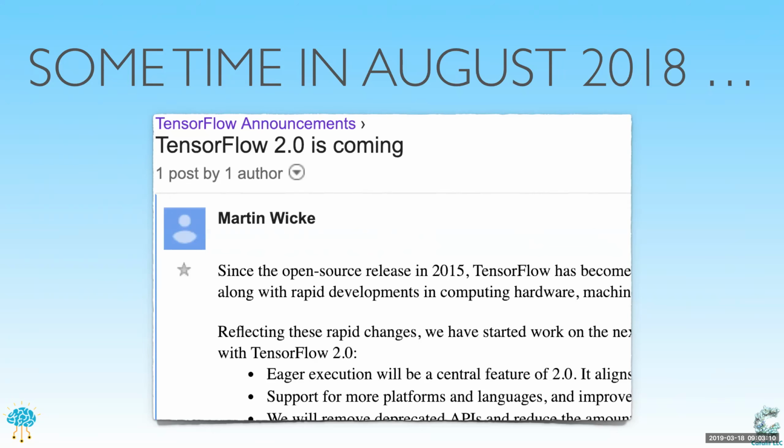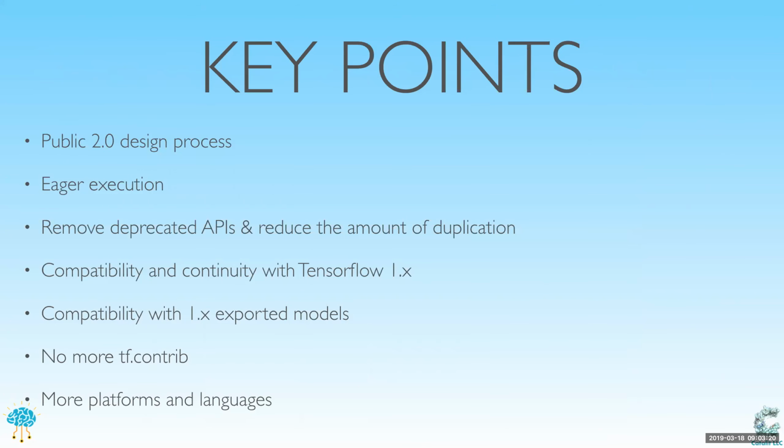This announcement contained a few key points, which were then expanded at the Dev Summit. And here's a summary of the key points in the announcement. First of all, one of the feedbacks that the TensorFlow developers took from their experience with the first two versions of TensorFlow is that the community wanted to be more engaged in the design process and more involved with clearer documentation.